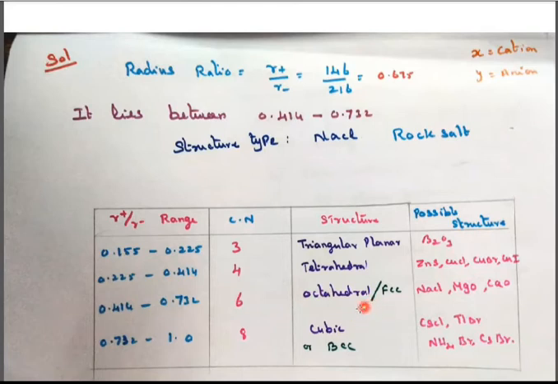Octahedral is also FCC. Cubic belongs to BCC. For cubic the coordination number is 8, and for octahedral or FCC it is 6. NaCl is called rock salt, as are magnesium oxide and calcium oxide. Examples of cubic are cesium chloride, thallium bromide, ammonium bromide, cesium bromide. All these belong to cubic.